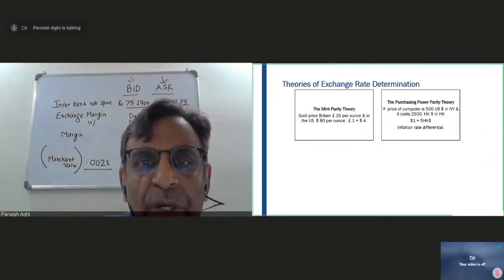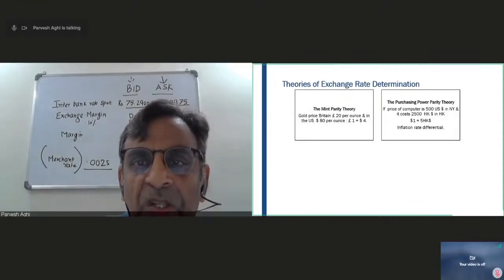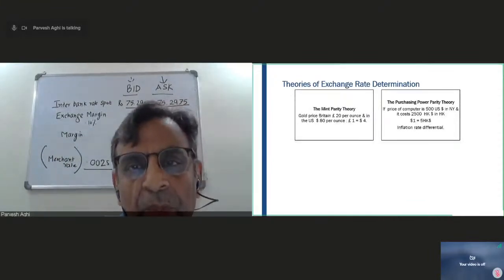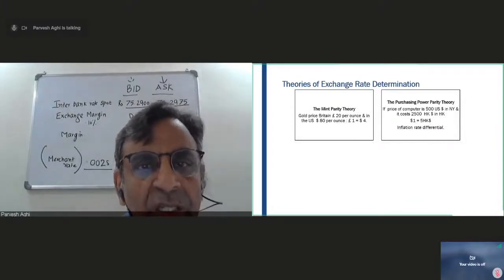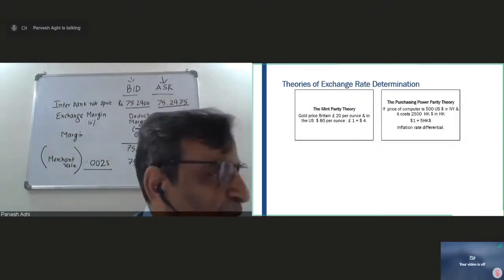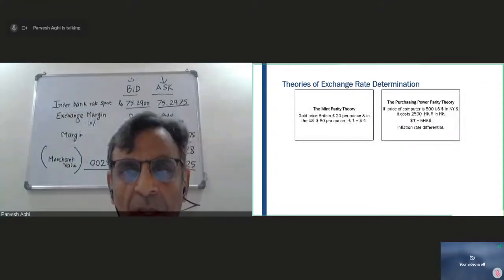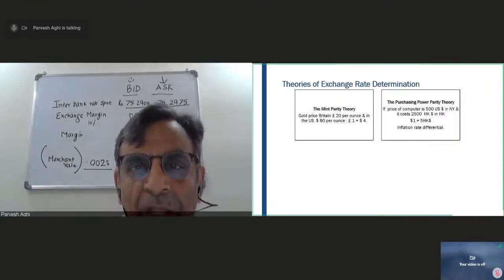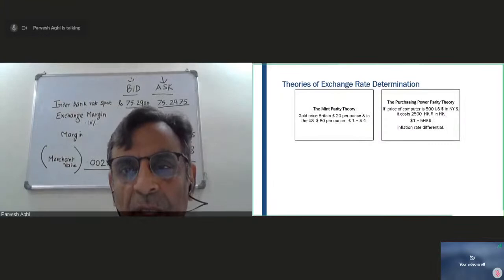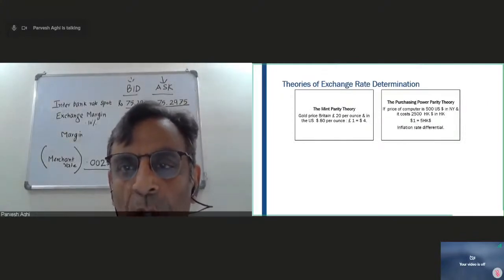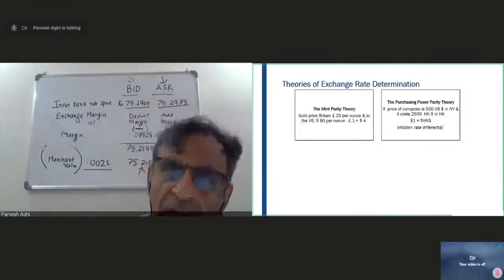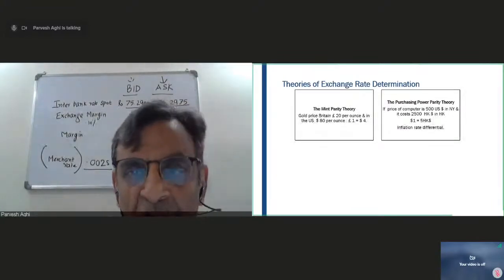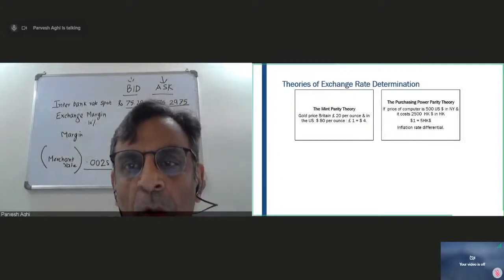The second theory is the purchasing power parity theory, where the exchange rate is determined on the basis of inflation prevailing in one country over the other country. For example, suppose the price of a computer is $500 in US, in New York, and the same computer costs 2,500 Hong Kong dollars in Hong Kong, then the rate should be $1 equal to 5 Hong Kong dollars.